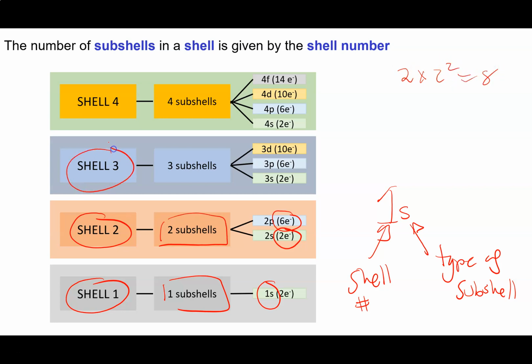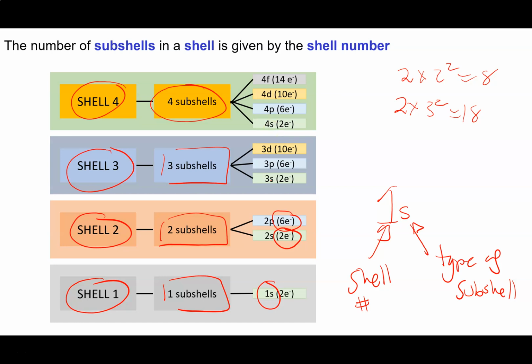When we go to the third shell, you guessed it, it has 3 subshells, a D, a P, and an S. And you put all of that together, and how many electrons have we got? 18 electrons. 10 plus 6 plus 2, and remember 2 times 3 squared equals 18. When we go to the fourth shell or higher, we get a full set of the 4 subshells. We get an F, a D, a P, and an S. Okay, so we get the whole thing, all right?